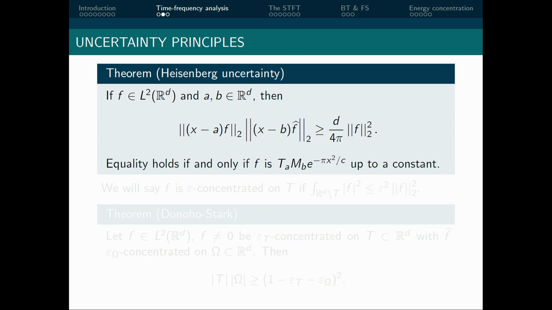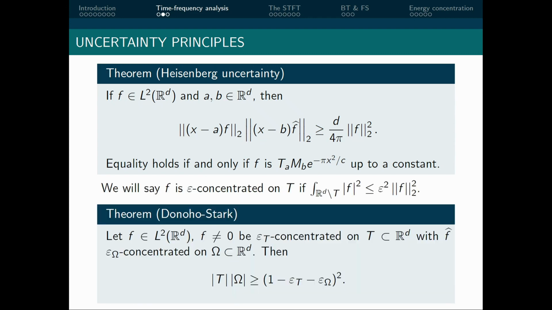With frequencies it's a similar thing, but with time resolution and frequency resolution. But this is maybe better explained by the Donoho-Stark uncertainty principle. For a function to be epsilon concentrated in a set means that its L2 norm is really big in that set, so in its complement it's really small.